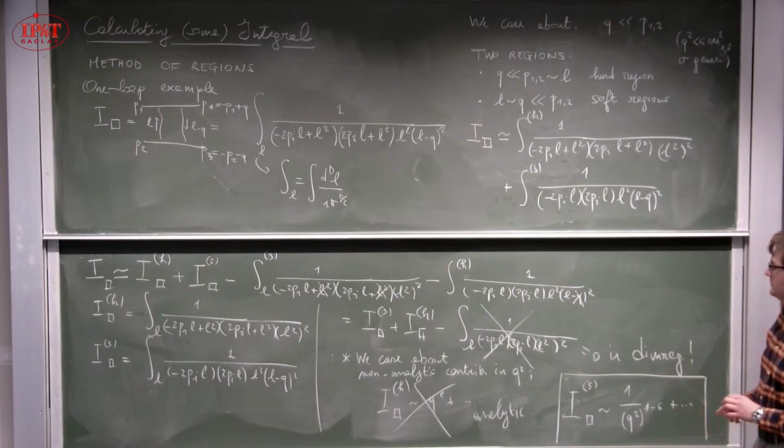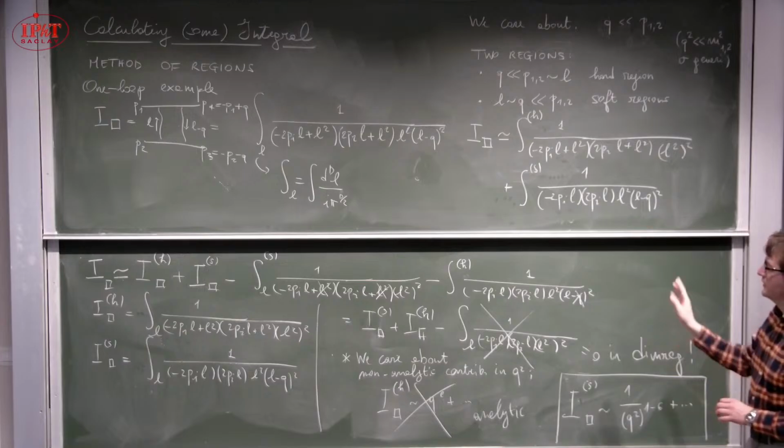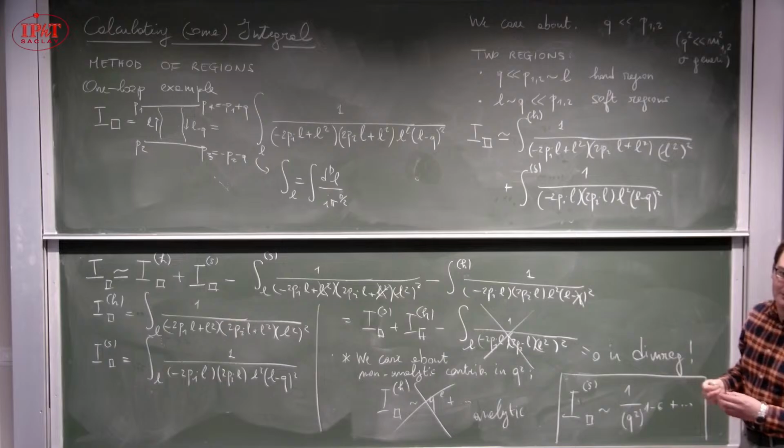And it has an additional invariance under the scaling of p_i and p_j. So by definition, you could write it like 1 over q squared to a certain power times some dimensionless function of the ratio of p_i and p_j. And then there is the cutoff. By dimensional argument, you could write the most general expression for the second integral up to some dimensionless function of the ratio q squared over the cutoff.